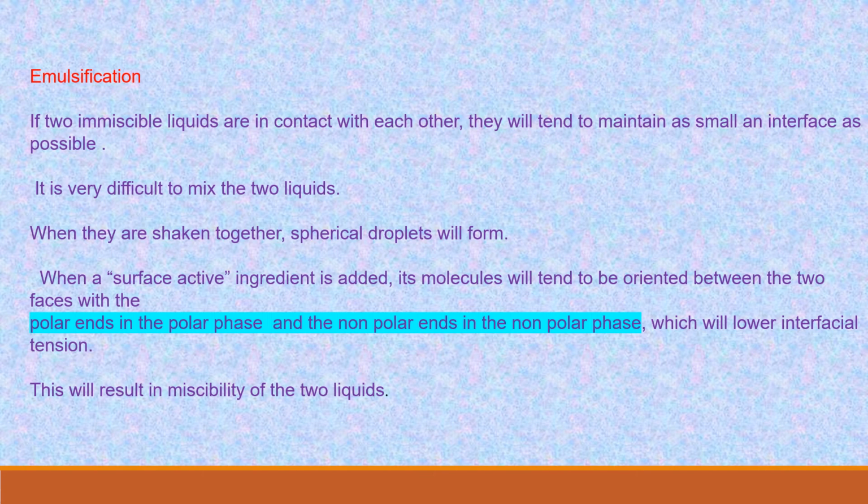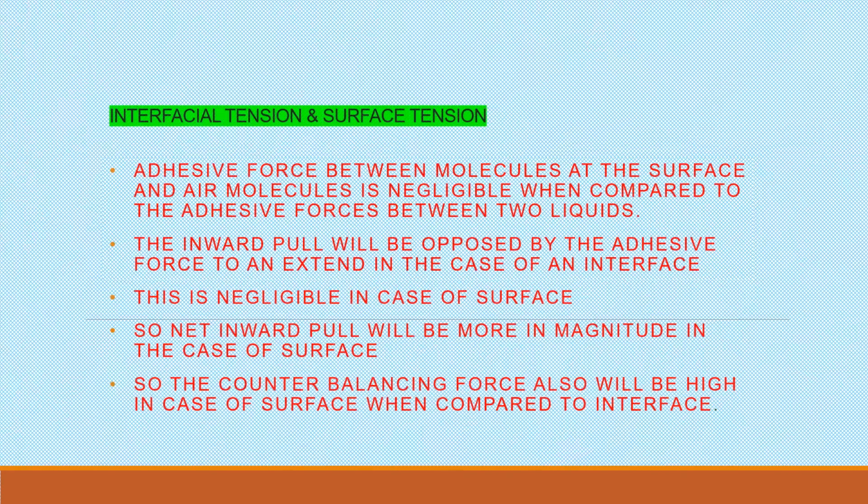When a surface active ingredient is added, its molecules will tend to be oriented between the two phases, with the polar end in the polar phase and the nonpolar end in the nonpolar phase, which will lower interfacial tension. This will result in miscibility of the two liquids.